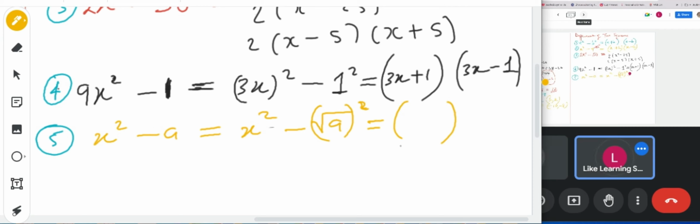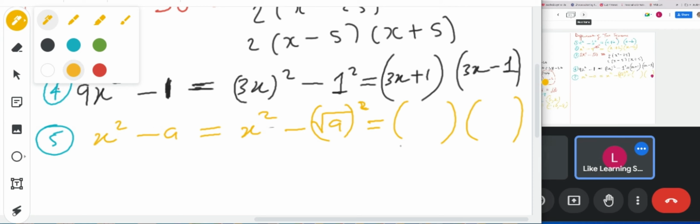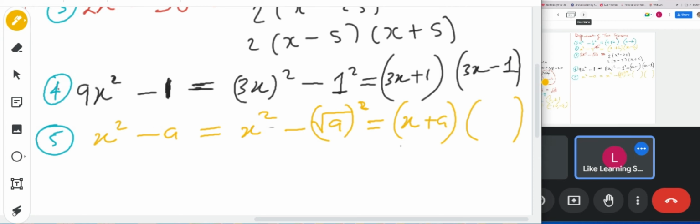Open a bracket, open a bracket, x plus square root of a, and x minus square root of a. I think that's clear. Yes, sir.